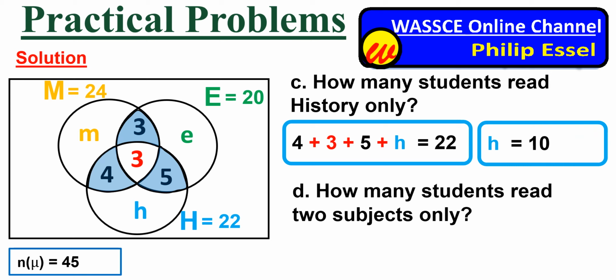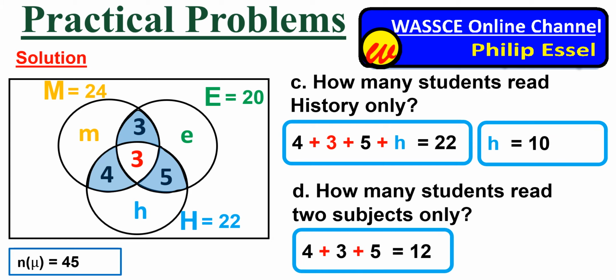We would therefore need to add these numbers together to get the total number of students who read 2 subjects only. So we would add 4 plus 3 plus 5. And when we do the math, we would get 12. Therefore, 12 students read 2 subjects only.